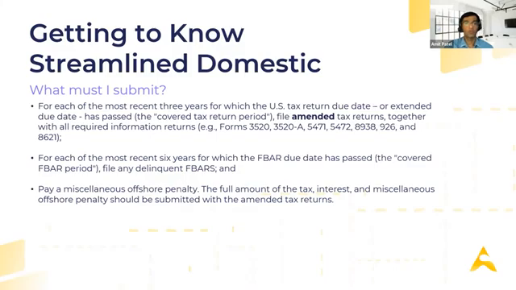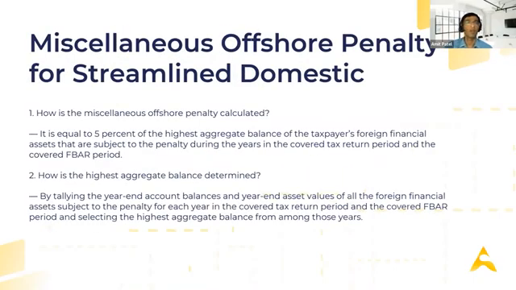For each of the most recent 6 years, you file 3 years of amended returns and 6 years of FBARs for which the due date has passed, and you pay the miscellaneous offshore penalty of 5% at the time you submit the amended return. How does that 5% penalty get calculated?